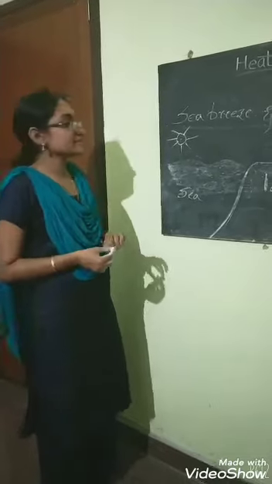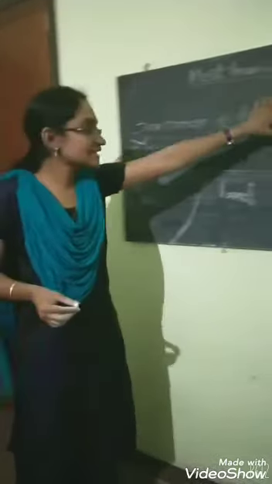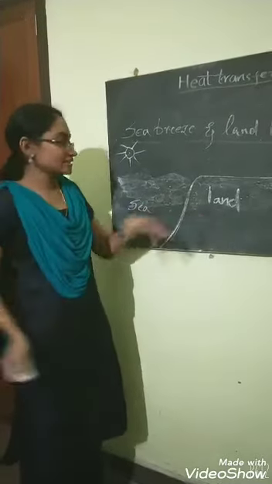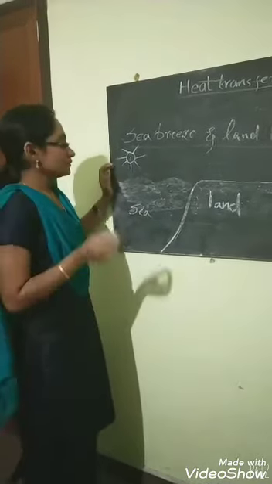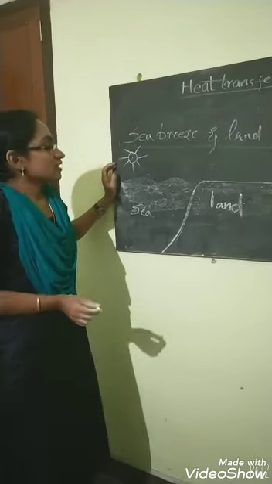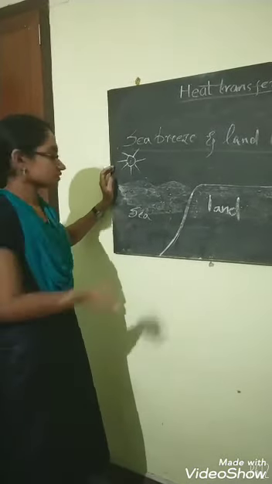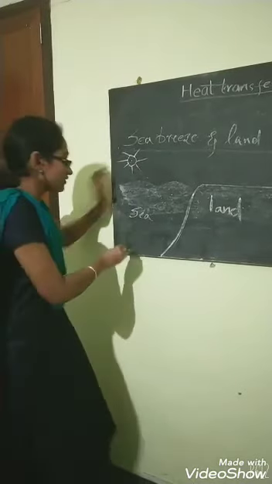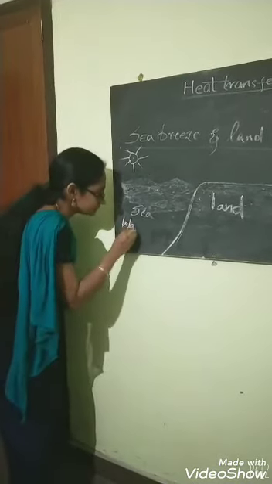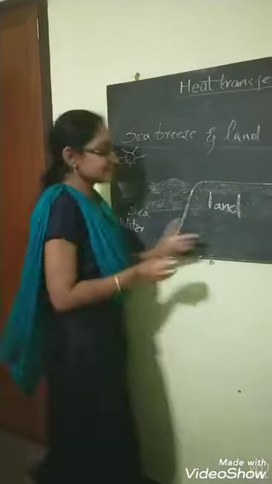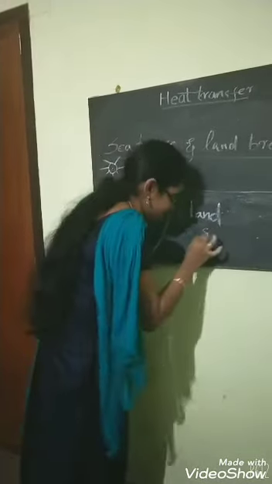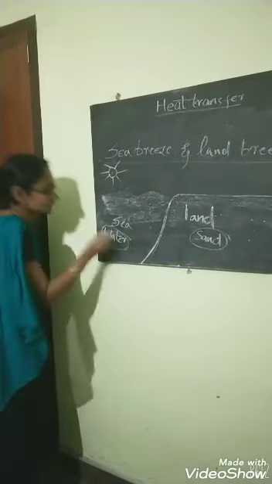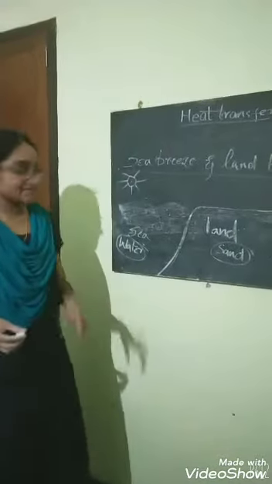Now the question is, what is sea breeze and land breeze? We are considering sea and land, and this is daytime. Now, which gets heat faster, the sea or the land? The sea has water and here is sand.